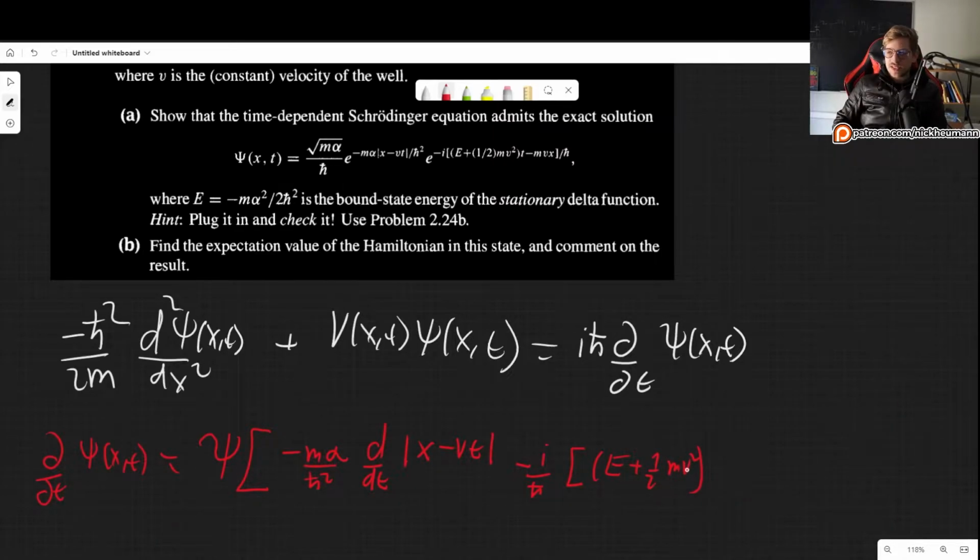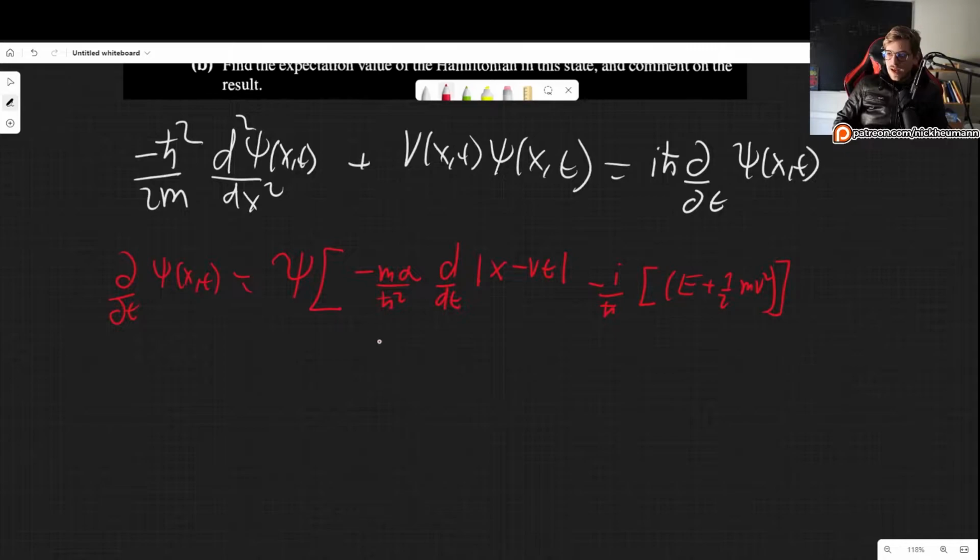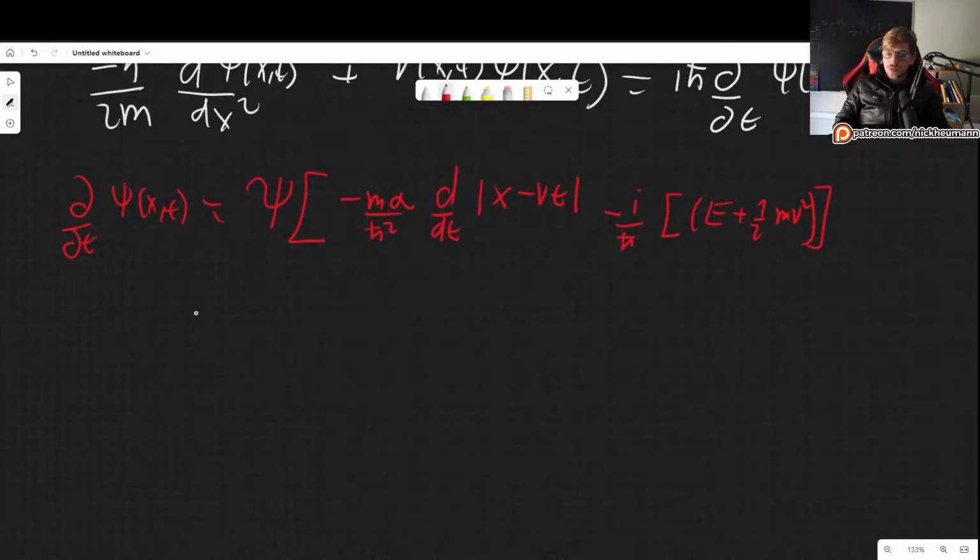The velocity here is a constant, so it doesn't depend on time. And this t becomes 1 when we take the derivative, and the x part has no time dependence, so it doesn't count. Do I have the correct amount of parentheses? I think I do.